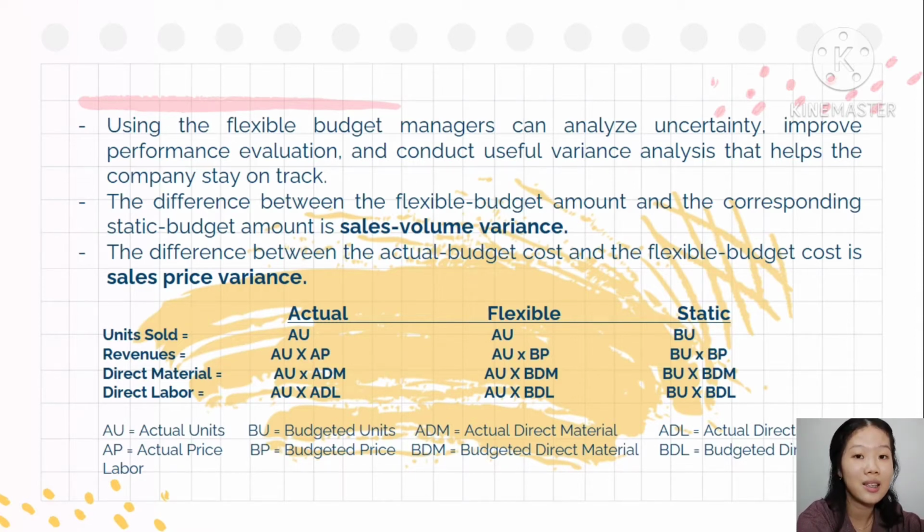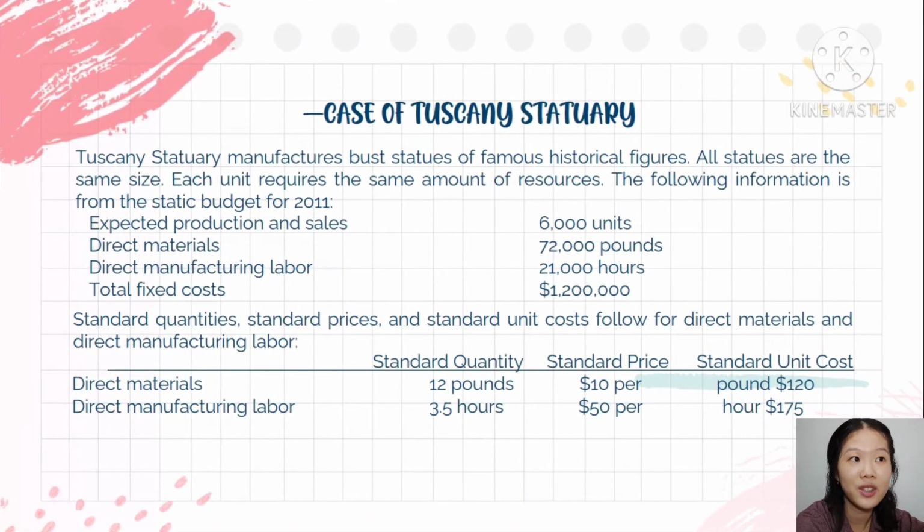Using this given information, we can calculate the flexible budget variances, the sales volume variances, as well as the sales price variance. Okay, let's jump into the case of Tuscan Statue.